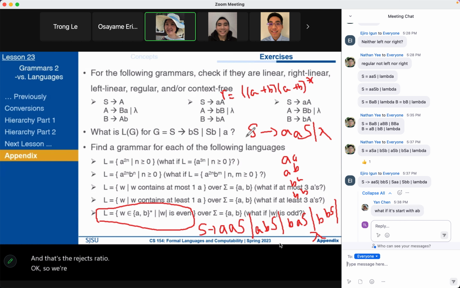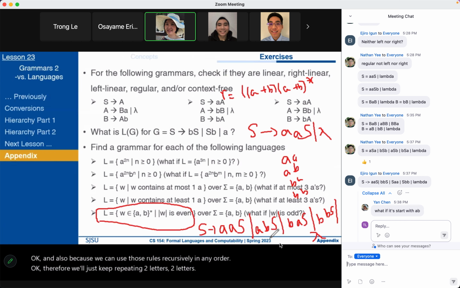So we just write it out because A or B means it's either AA, AB, BA, BB, because that's all possible combinations for 2 letters. And also because we can use those rules recursively in any order, we'll just keep repeating 2 letters.